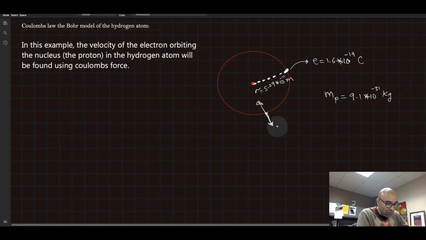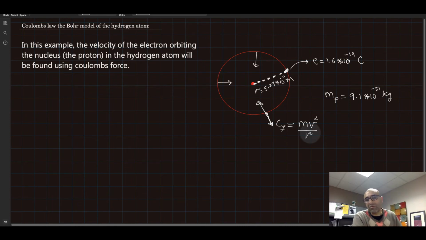The centrifugal force is equal to the centripetal force that usually points toward the center. That's the centripetal force, but the centrifugal force is the opposite to that, so I'm going to call it CF, centrifugal. The centrifugal force is always equal to the centripetal force. This CF is equal to the mass times v squared over r.